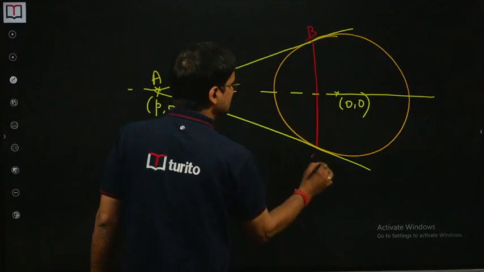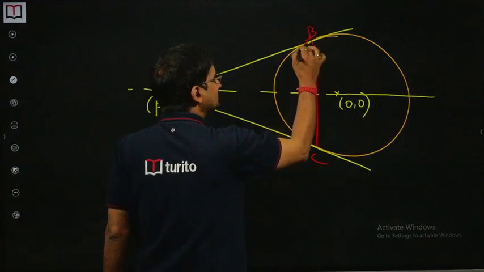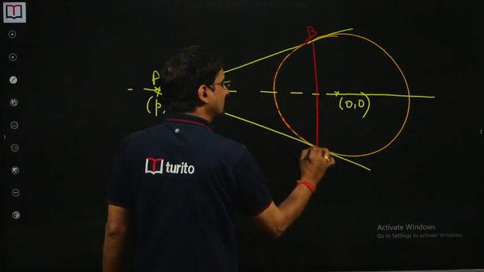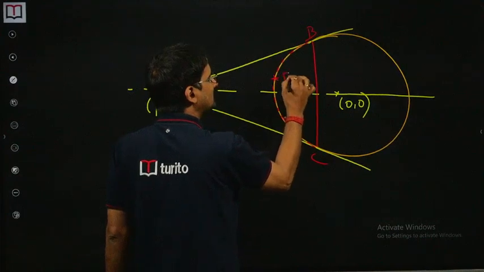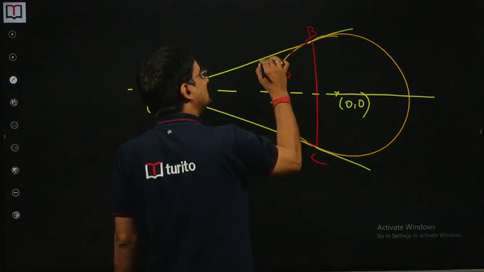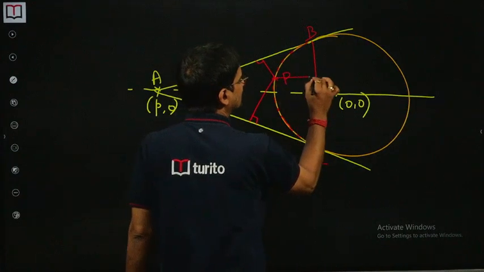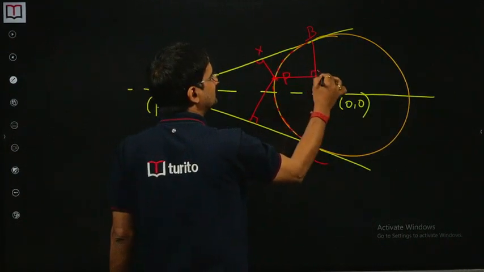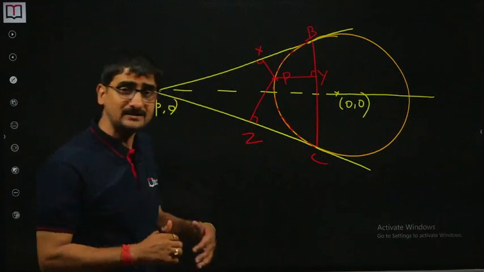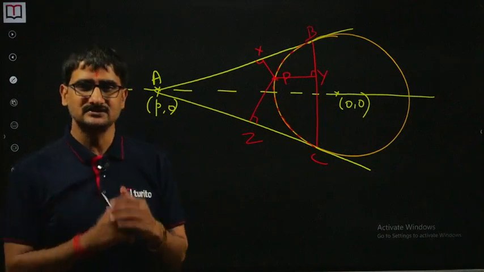This is B, this is C, and from any point on the arc BC, that's your arc BC, consider any point here, and perpendiculars drawn from this point to these, let's say this is X, this is Y, this is Z. We have to find a relation between Px, Py, Pz. Are they in AP, are they in HP, or are they in GP?